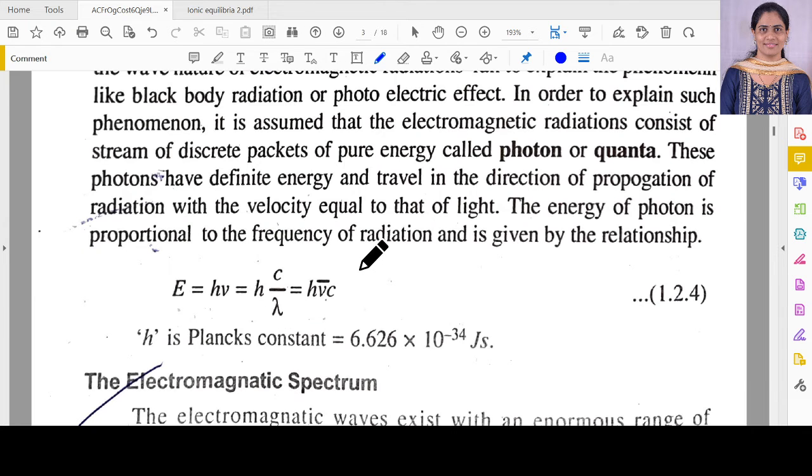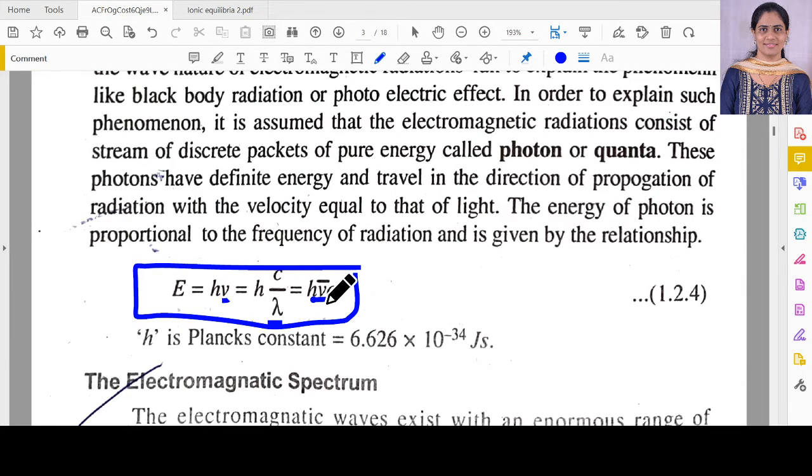For energy, the all-in-one equation to remember is E is equal to h nu. Okay, from this equation what you will understand is E is proportional to nu. The proportionality is direct proportion. Okay, E is directly proportional to nu. Nu is frequency. Then E is inversely proportional to lambda, and E is again directly proportional to nu bar. So these three are variables.